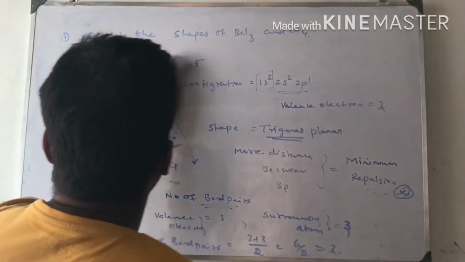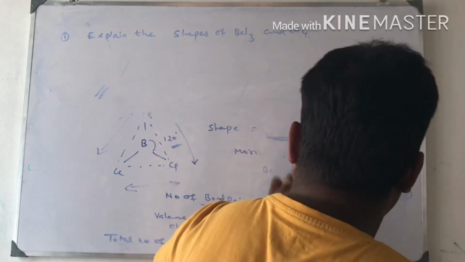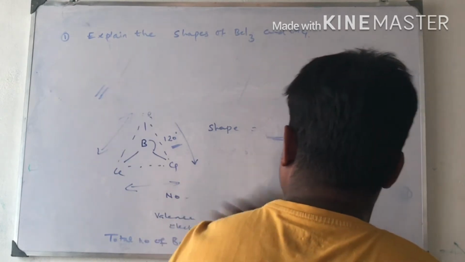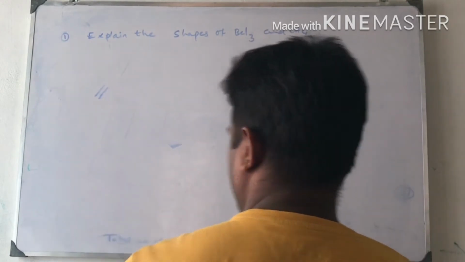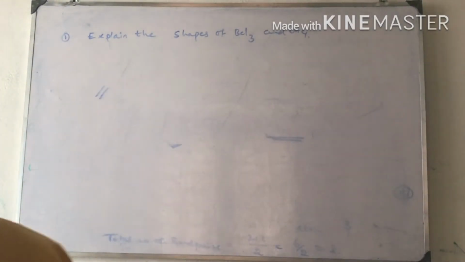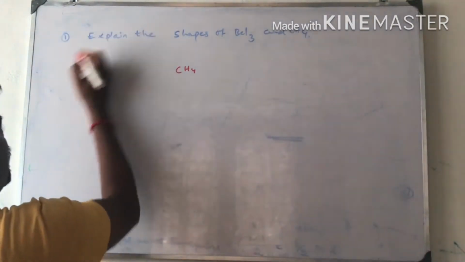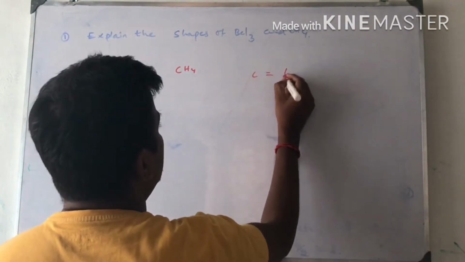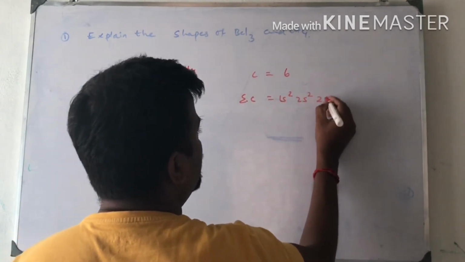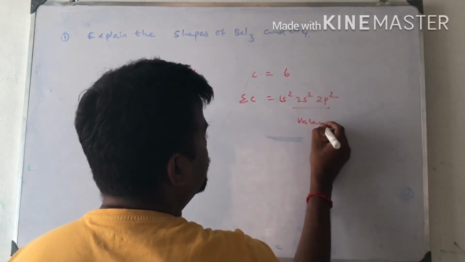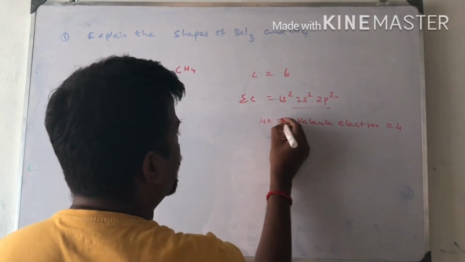Next we discuss the shape of methane, CH4. One carbon is surrounded by 4 hydrogen atoms. Carbon atomic number 6, electronic configuration 1s2, 2s2, 2p2. Number of valence electrons equals 4, right?